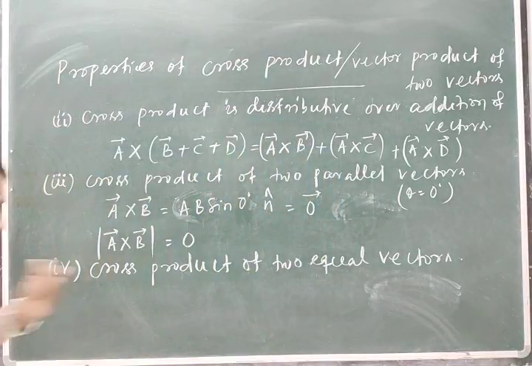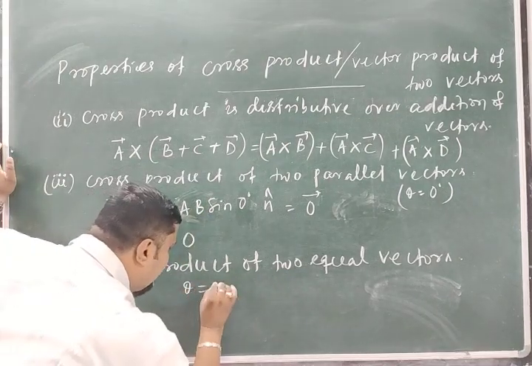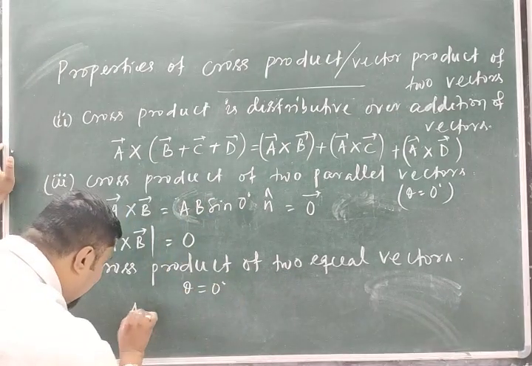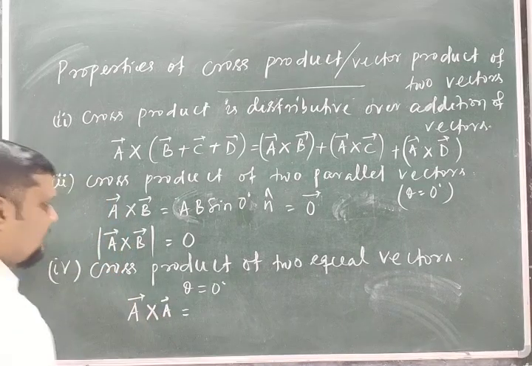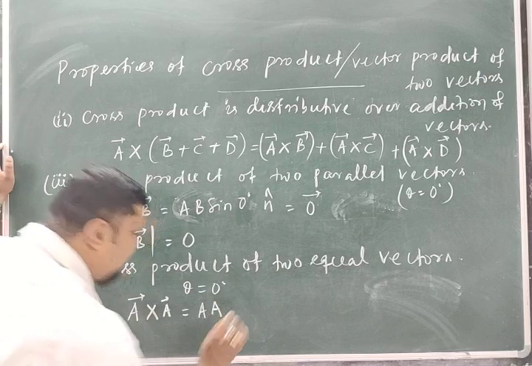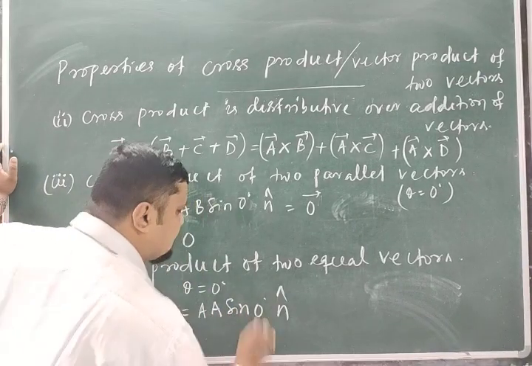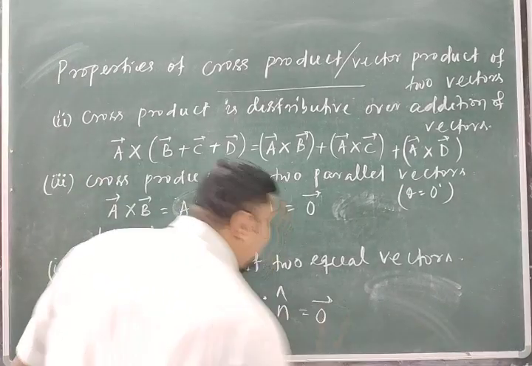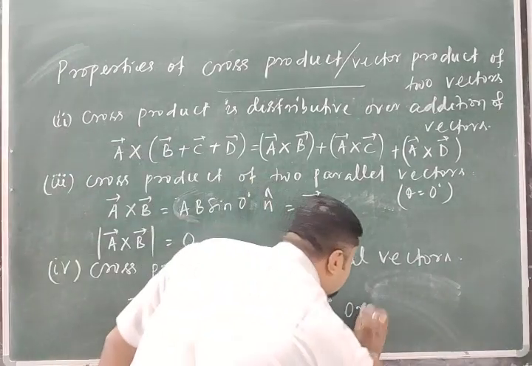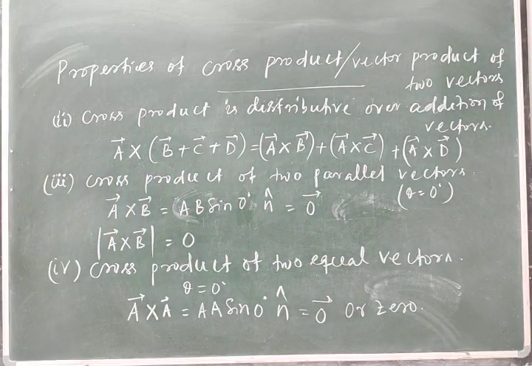But for equal vectors, theta is obviously equal to 0. So A cross A is equal to magnitude of A, magnitude of A, sine 0 degree and n cap. This is again a null vector, or you can say that it is also 0.